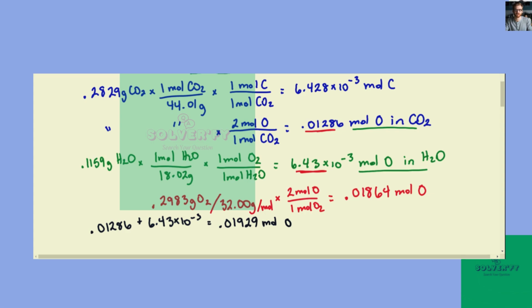I am going to take that and subtract out the 0.01864 moles of oxygen from the reactant side that we know about from O2. This is going to give me 6.500 times 10 to the minus fourth moles of oxygen. This is how much oxygen came from the CHO compound.